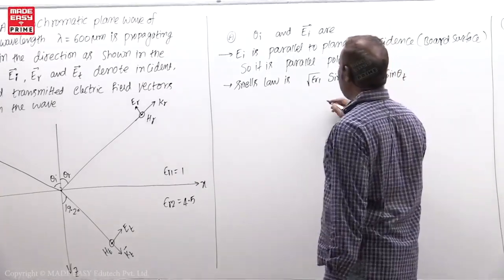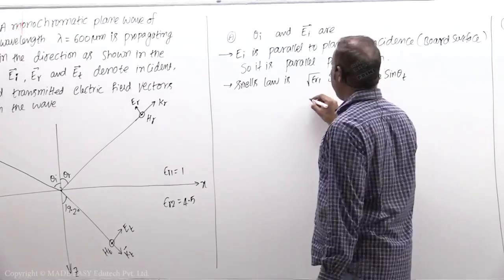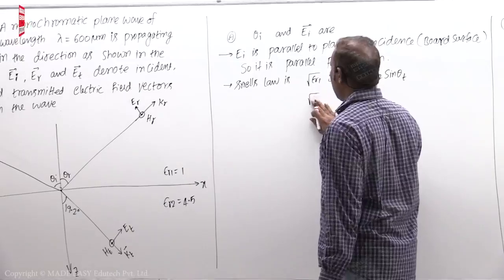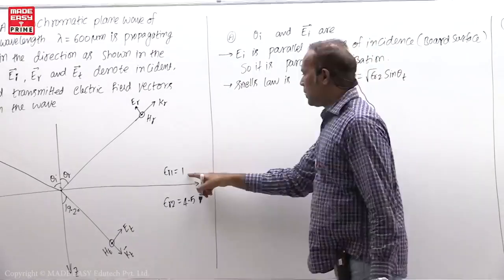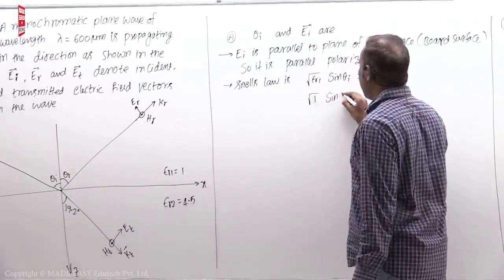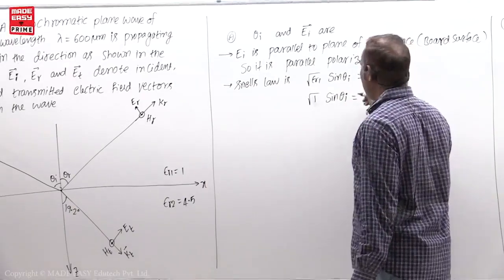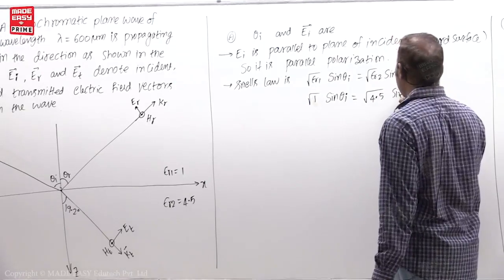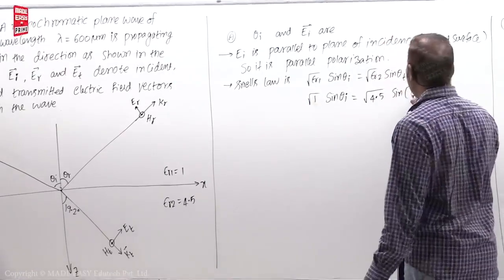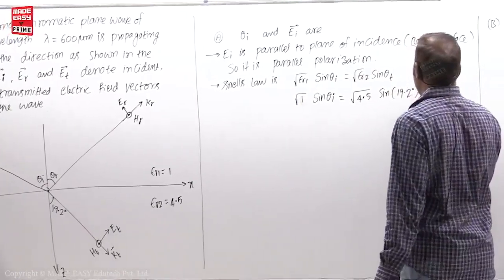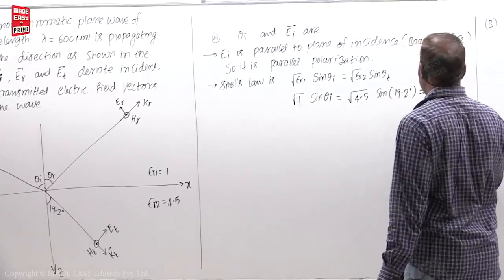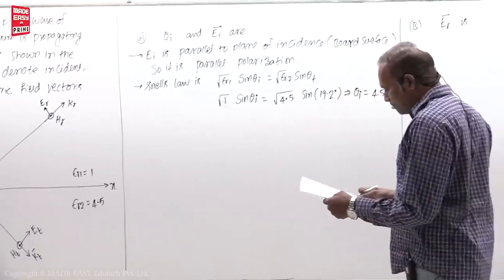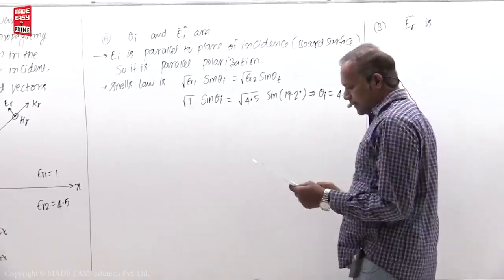So from this, root epsilon r1 is actually 1, given here, no? Sin theta I is required. That means root epsilon r2 is root 4.5, and theta t is 19.2 degrees. From this you will get theta I is equal to 45 degrees. So theta I, we get 45 degrees, students.